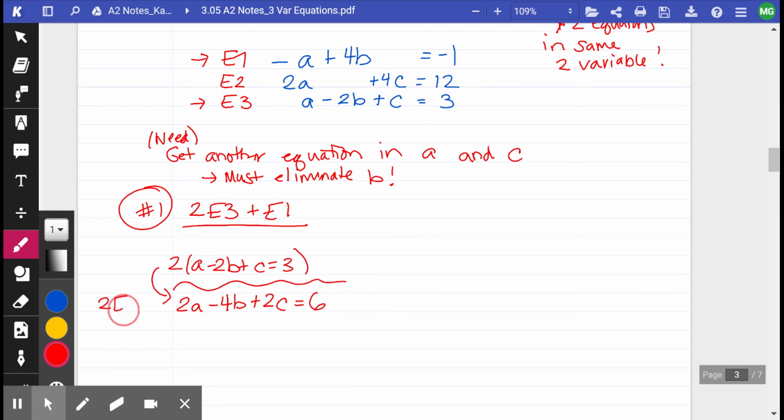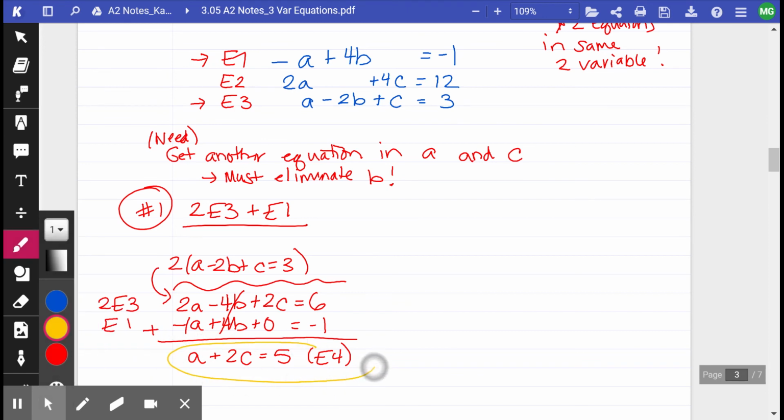So that's 2 times E3, and then I'm going to rewrite E1, which is negative A plus 4B equals negative 1. And let's add those together. So 2A minus 1A is just 1A. B's cancel, and I'm just adding 0 here. So 2C plus 0 is just 2C. 6 minus 1 is 5.